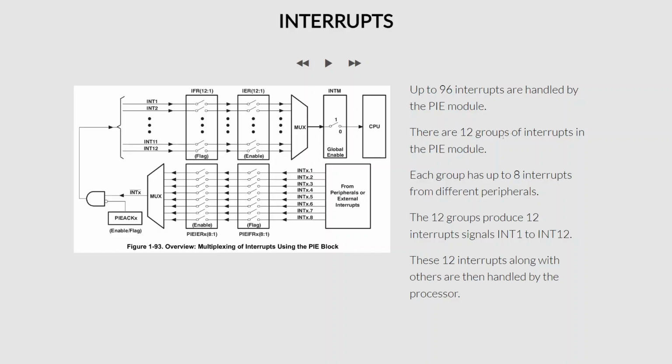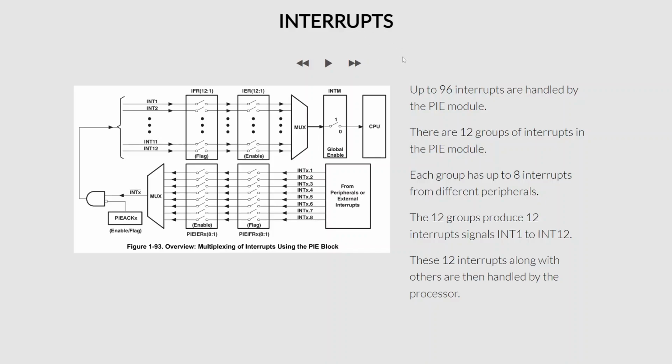Altogether, there are 12 groups of interrupts in the PIE module. Whenever you see any large number in microcontrollers, it is common that they break it up into segments, because otherwise it becomes very difficult to deal with them, right? Because remember, the F28069 is a 32-bit microcontroller, and most registers are either 16-bit or 32-bit.